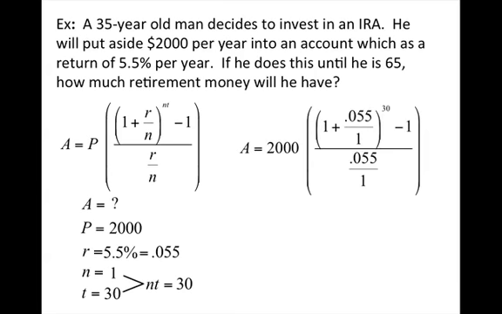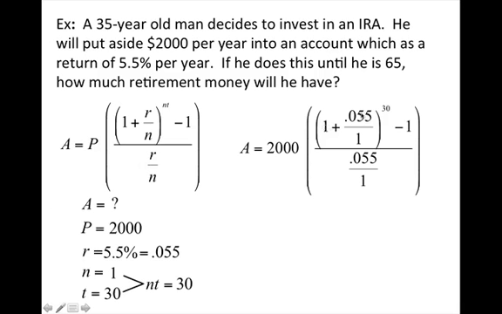So plug this into your formula, and you get A equals 2,000 times 1 plus 0.055 divided by 1 raised to the 30th power minus 1, and all of that's divided by 0.055 divided by 1. Now, to make the calculator part a little easier, since I'm dividing by ones, you could drop those ones.